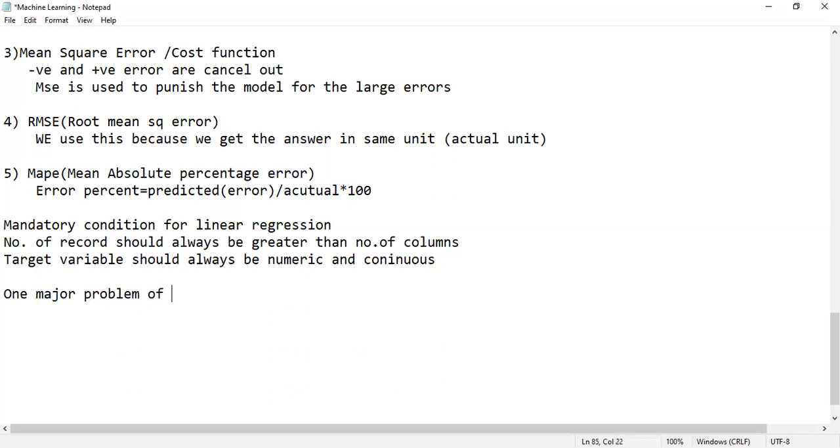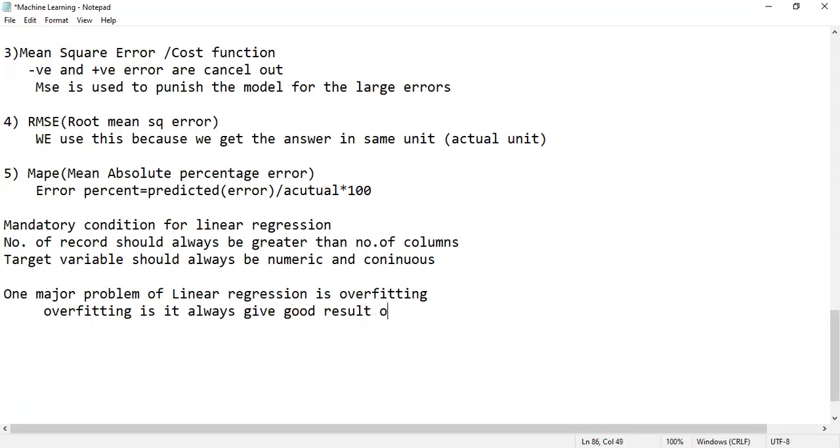Overfitting is when the model always gives good results on training data and bad results on test data.